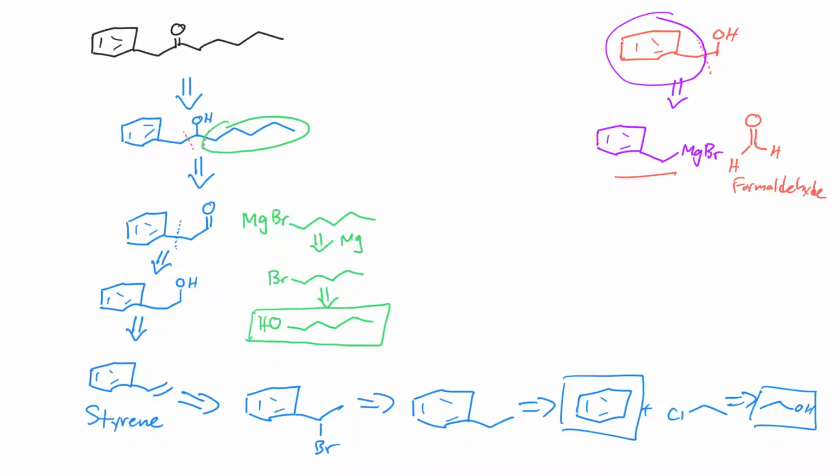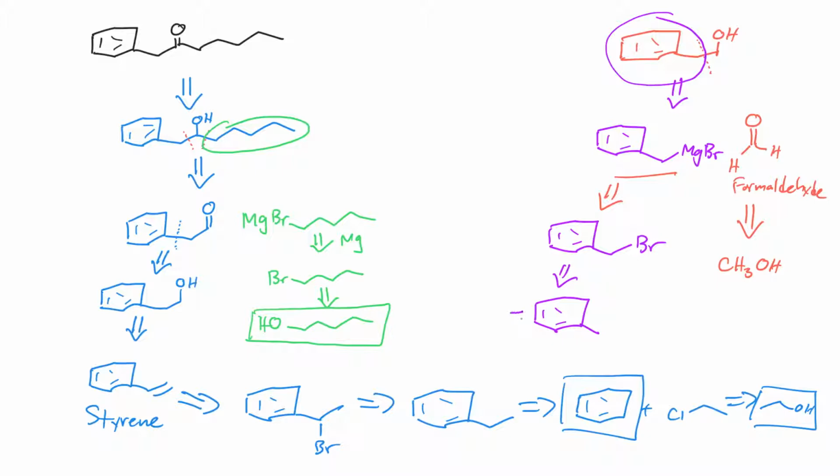And of course, I can make formaldehyde from methanol. Methanol is a 1-carbon alcohol. That follows the rules. I can make phenyl Grignard, let's go back to purple here, I can make phenyl Grignard from benzyl bromide. I can make benzyl bromide from, again, alkylation of the benzylic position, methylbenzene.